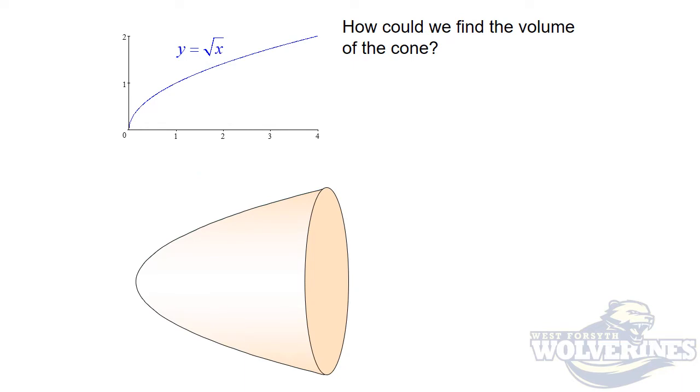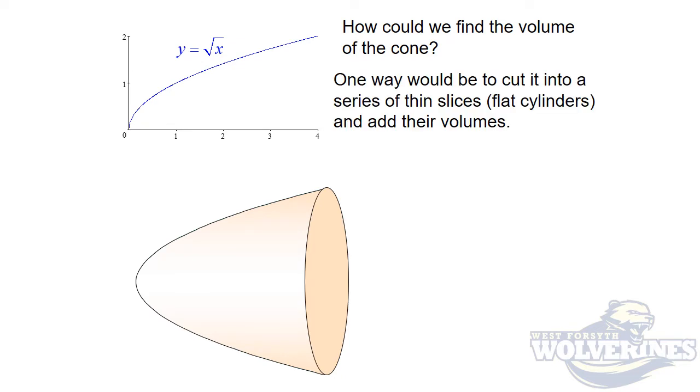Well, one way we could do that is to cut it up into a bunch of these little discs, these slices. You can think of them as a rectangle that you're then rotating around, just like we did rectangles before with Riemann sums.